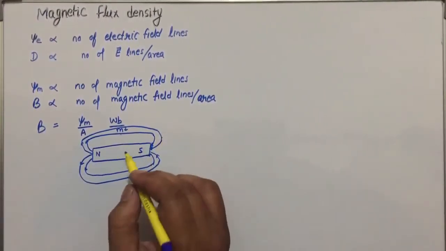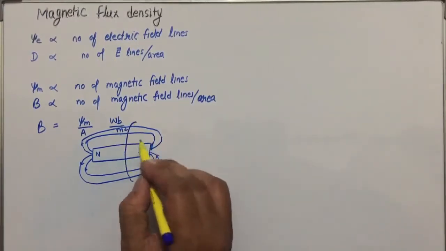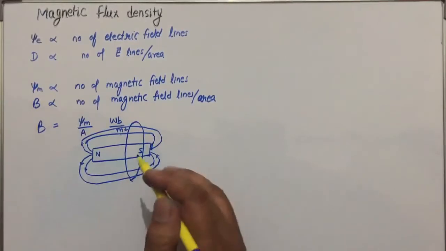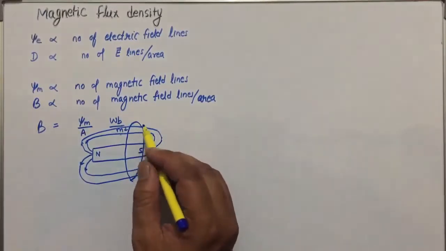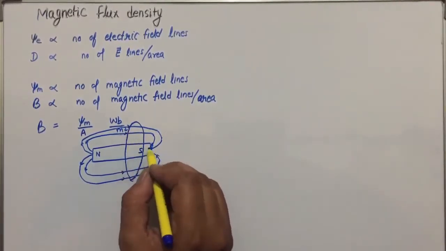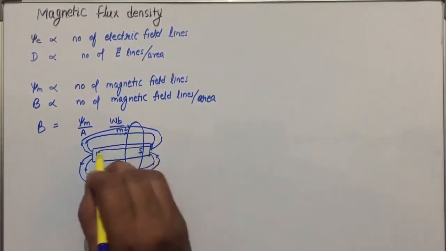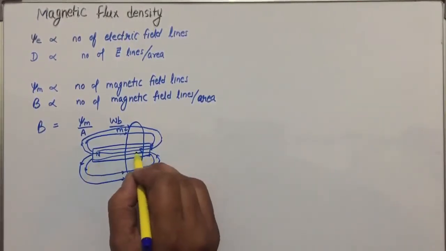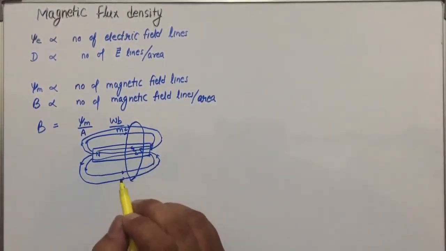Like this. At any cross section, the lines are passing like this here, and inside a similar number of lines are passing from south to north.